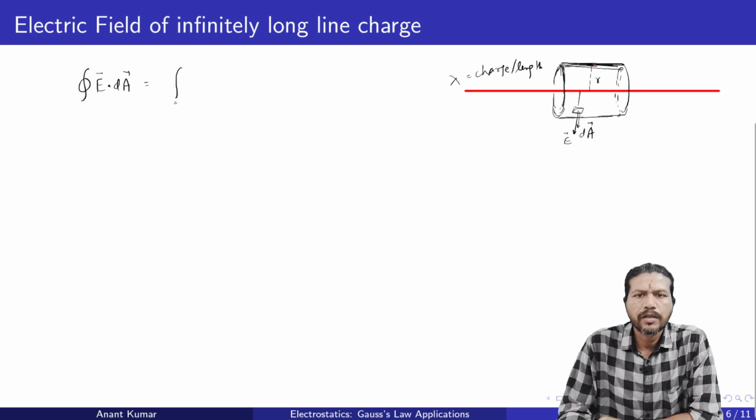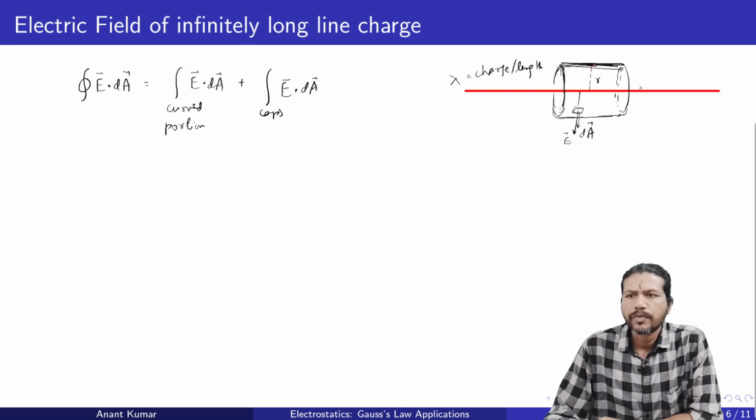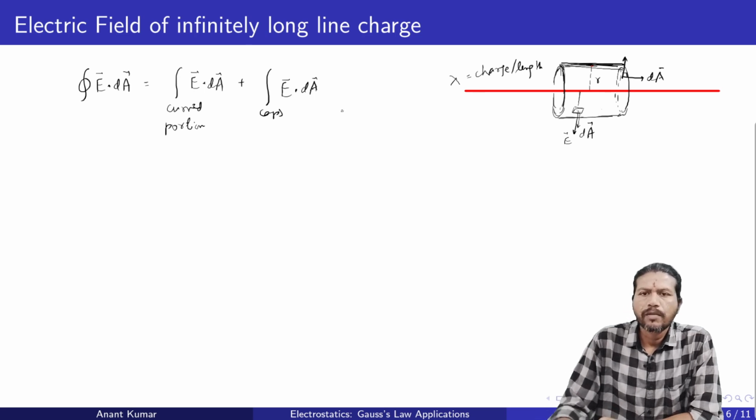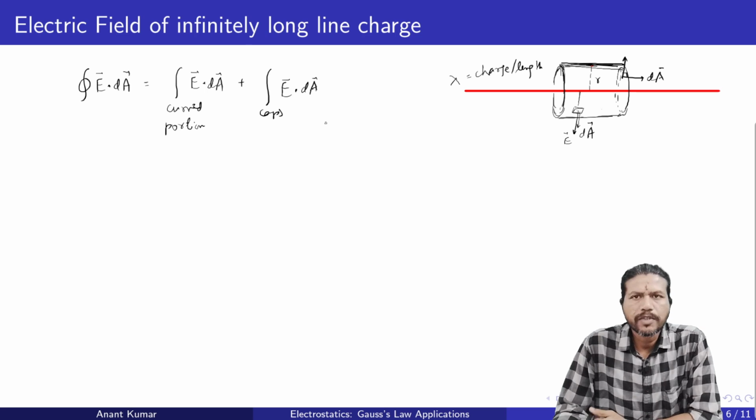One is the integral over the curved portion of E dot dA, and the other one is over the caps. However, we notice that on the caps, for instance on this cap, the area vector is going to be this way, but the electric field is going to be that way, at a right angle, and that implies the contribution to the flux from the caps is zero.